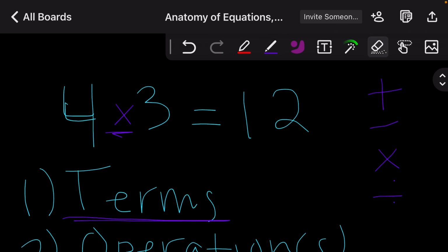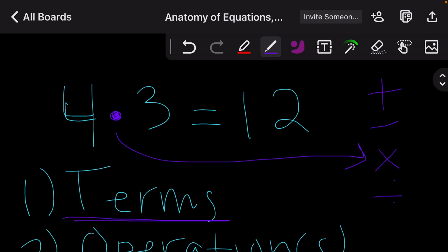You'll see the X symbol a lot, but you will also start to see a lot of multiplication operations like this. This is a multiplication dot. It means the same thing as the X. We're still being asked to perform the same operation.